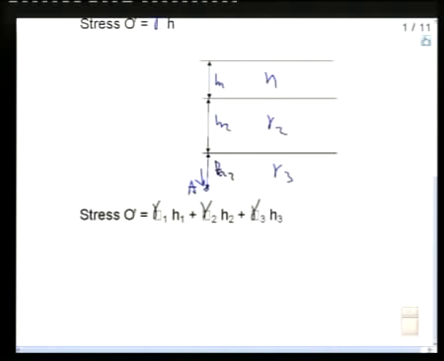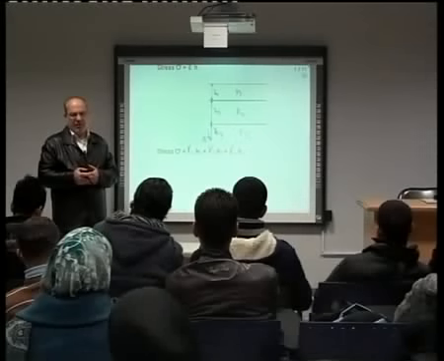Let us call it H3. Right? Okay? So if we have different layers, every layer multiplied by its unit weight, because they are different in their unit weights. We cannot consider them one layer. Okay?